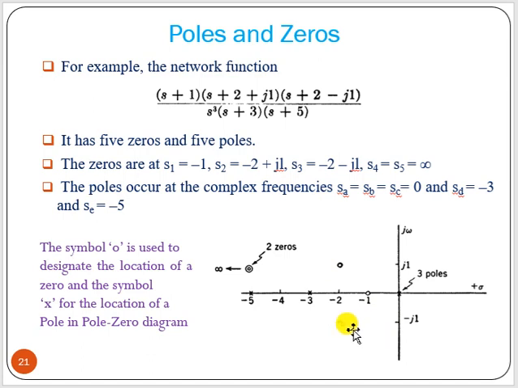And we have poles at minus 3 cross sign, minus 5 cross sign, and 3 poles at the origin, s equal to 0. But we have 3 zeros. Where are the other 2 zeros? The other 2 zeros must be at infinity. So 2 zeros at infinity, because the number of poles is higher than the number of zeros, the other zeros go to infinity.